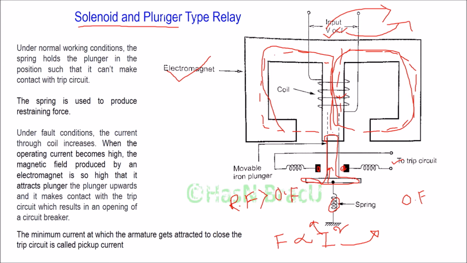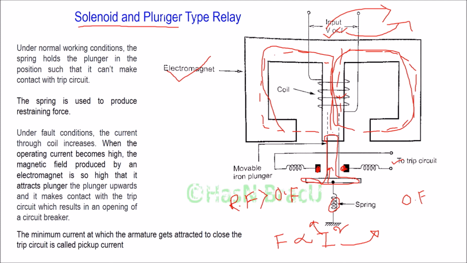Therefore, the restraining force of the spring keeps the plunger in such a position that it cannot make contact with the trip circuit. So the trip circuit will not be active under normal condition because plunger cannot move upward due to the less amount of magnetic force. Now fault condition, what happens?